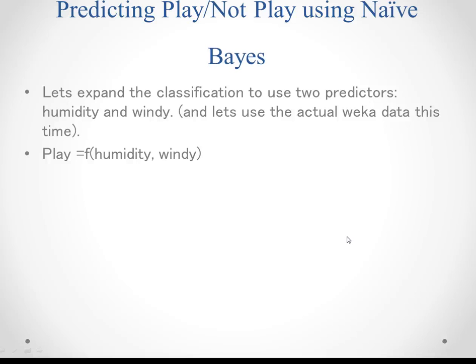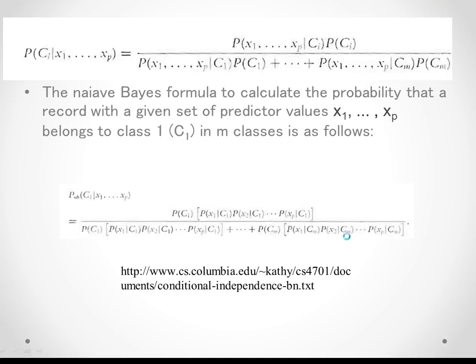We've discussed how naive Bayes works. What's the key? First we use Bayes' theorem. That allows us to switch the order of A and B, so A given B becomes B given A. And then that gives us this here when we have more than just a single predictor.